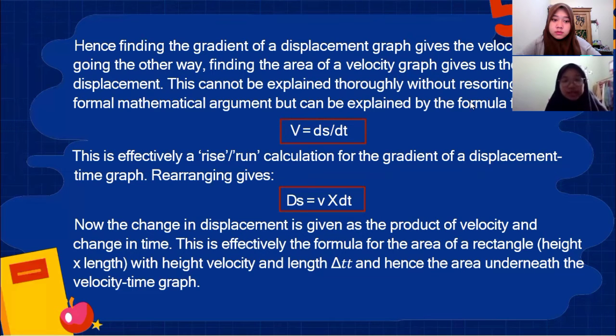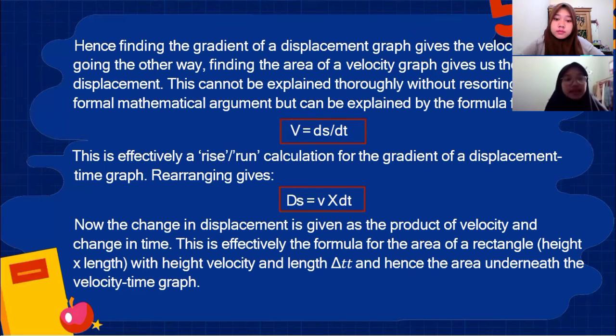We know this formula is from the other formula that we discussed before. The formula of velocity is v equals ds over dt.